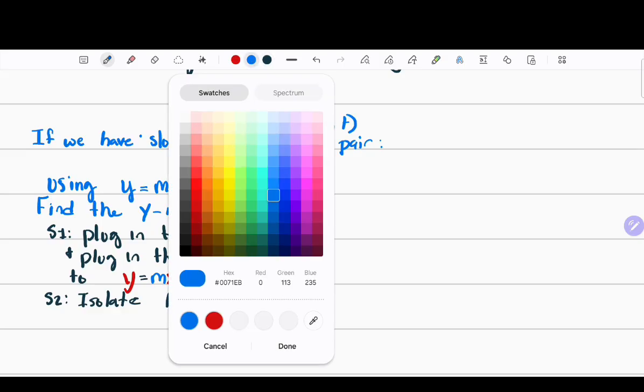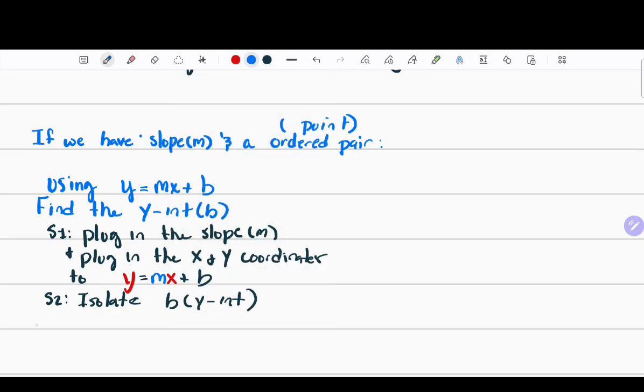Then the last part is to plug in the slope. So go back to the beginning, plug in the slope for m and b, because you just found it, which is that y-intercept. And that'll be your equation of a line.